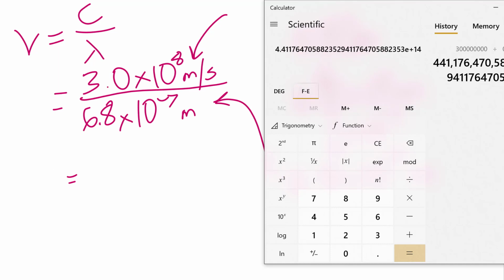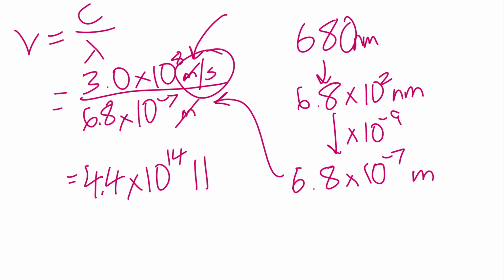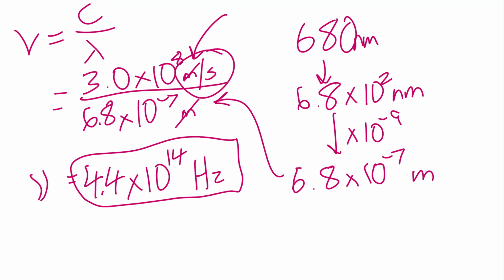And my answer is 4.4 times 10 to the 14. And see that the meters cancels the meters, so you're left with 1 over seconds. 1 over seconds is also known as hertz. So that's the answer for how you calculate the frequency from the wavelength.